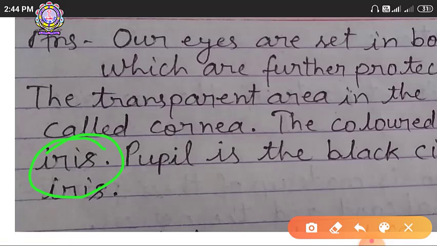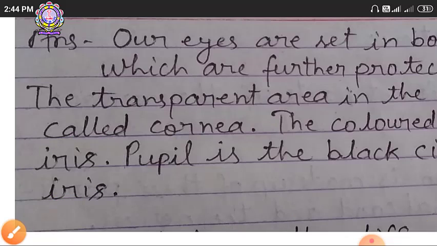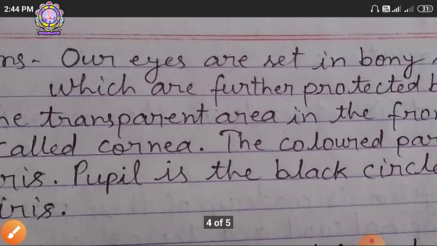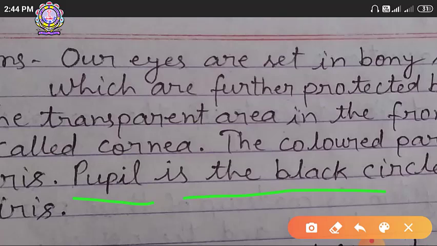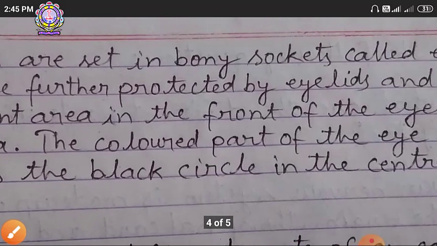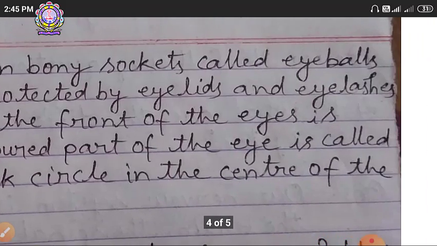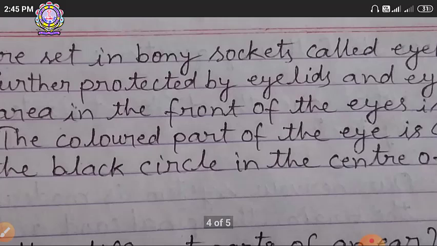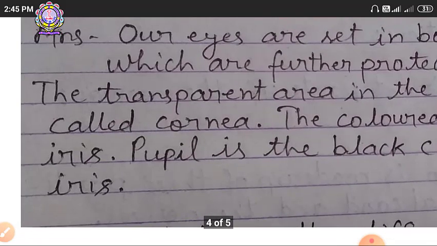Now pupil is the black circle in the center of the iris.